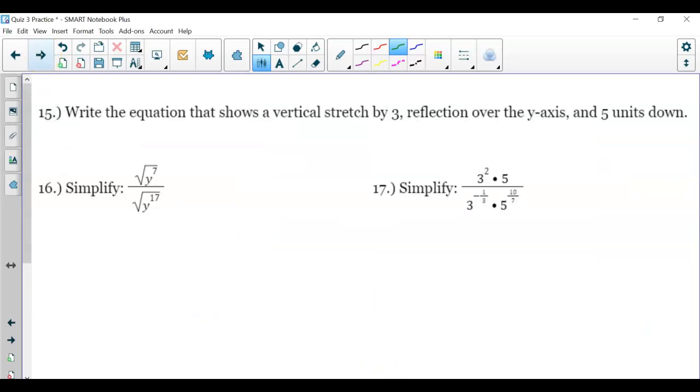So now question 15, writing the equation that shows a vertical stretch by 3. So remember, vertical is outside. This factor is outside of the radical. So I have that factor of 3, keeping it the same, right? So our factor staying as 3. Then reflection over the y-axis. So now that is a negative, right?